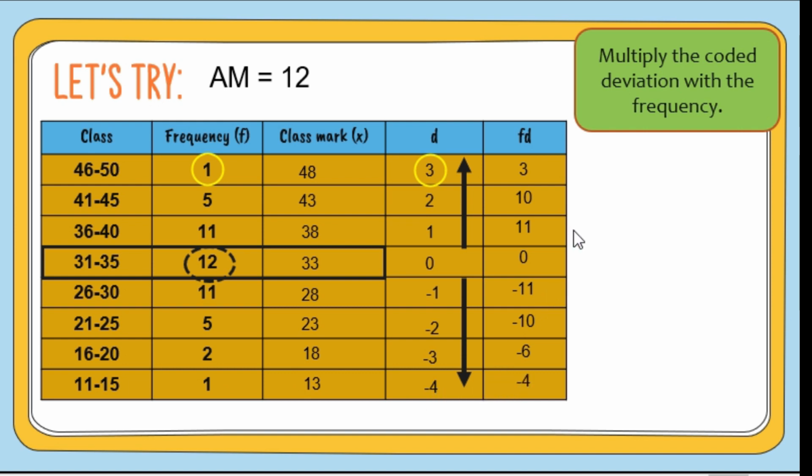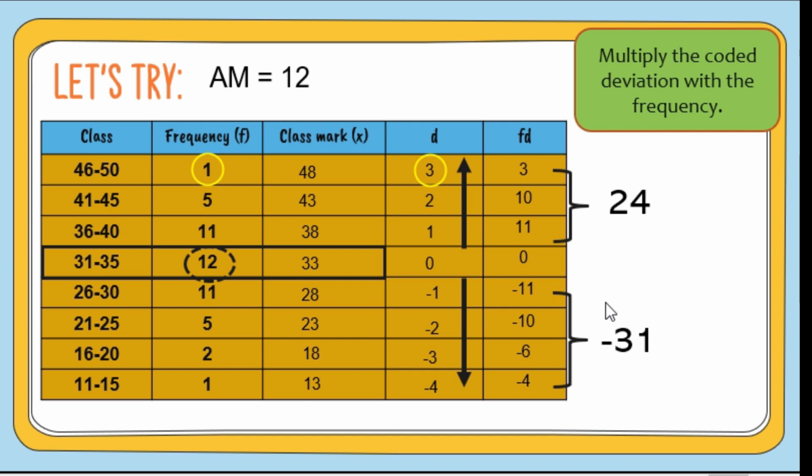After multiplying the coded deviation with the frequency, we need to get the sum of the frequency multiplied by the deviation. To make it simpler, we just add first the positive results, which are 3, 10, and 11. 3 plus 10 plus 11 is equal to 24. The same is true with the negative results, -11, -10, -6, and -4. When added together, the result is -31.